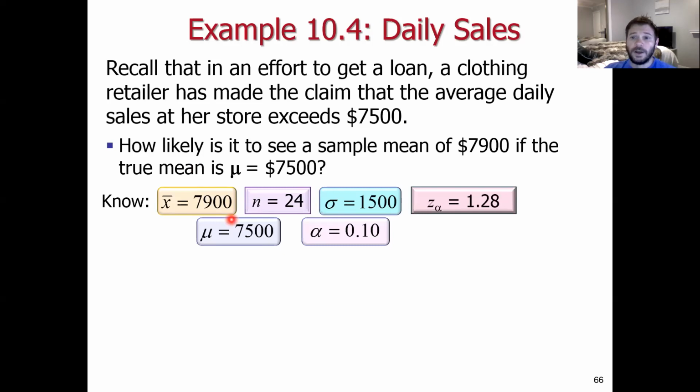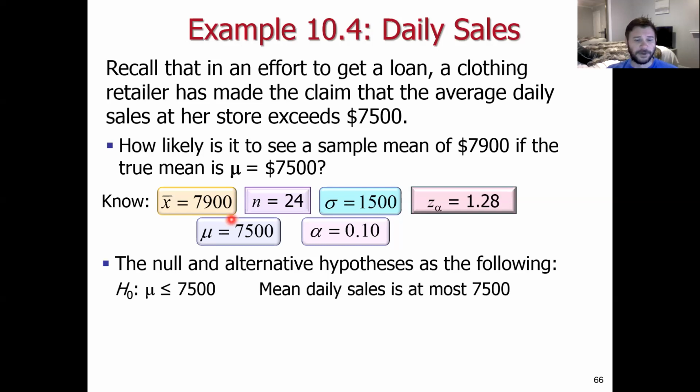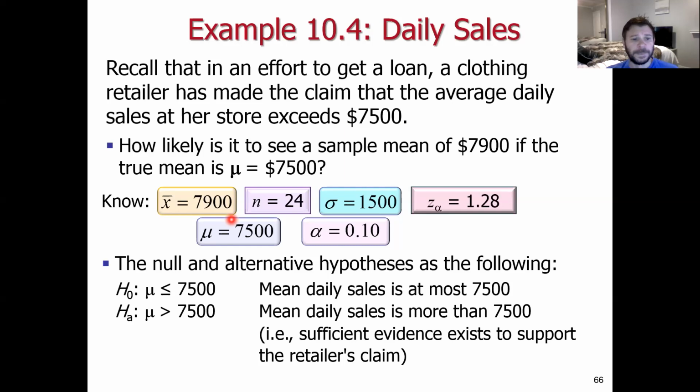Okay, so the null hypothesis here again was that the mean sales were less than or equal to 7,500, and we were trying to show evidence against that. We were trying to show evidence that suggests that the alternative hypothesis is more valid, easily supportable with the data, in that our sales are actually much higher.